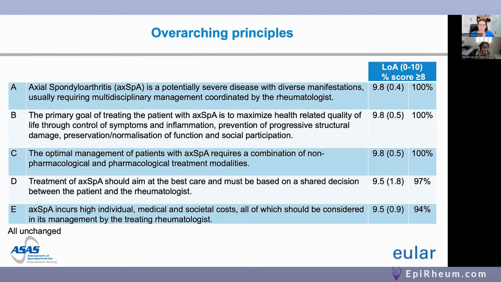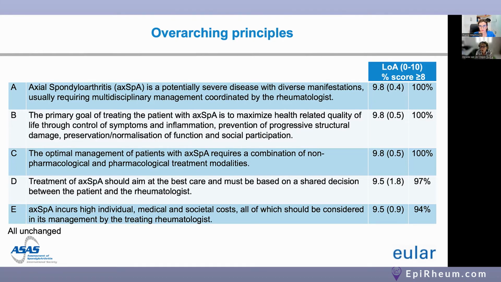So this is an example of the overarching principles. That was the end result of the update. And you see the level of agreement, and also the percentage of task force members that score an agreement of 8 or more.